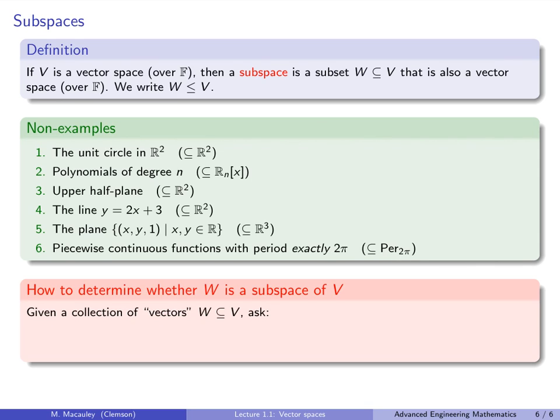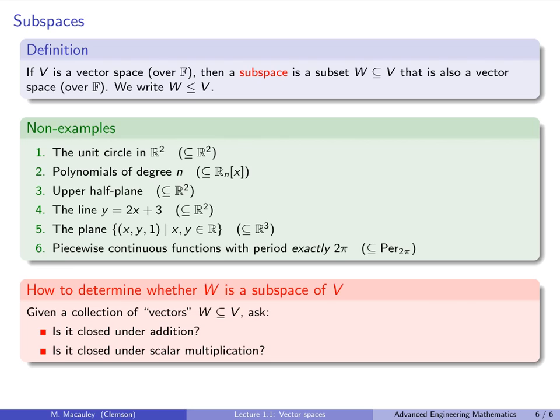Finally, we'll conclude with a summary, how to determine whether W is a subspace of V. So let's suppose that you're given a collection of vectors. They could be n-tuples, they could be polynomials, they could be functions. But some collection W that is contained in a vector space V, you need to ask the following two questions. Is it closed under addition? If I take any two of these vectors and I add them together, do I stay in that set W?